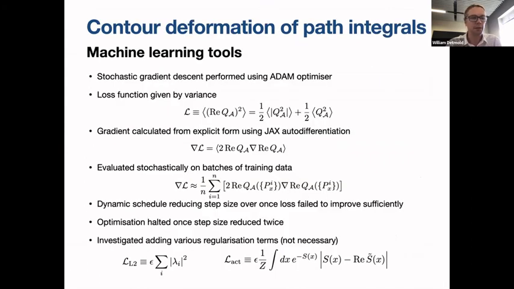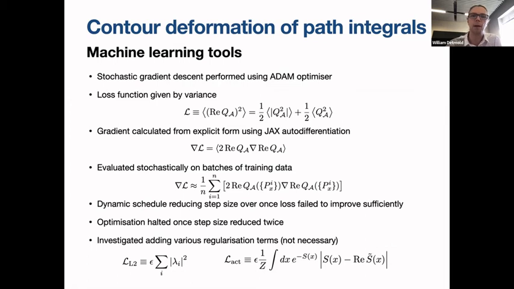So just very briefly to say something about how machine learning entered this. Really, we're just using machine learning tools. Basically, we've done stochastic gradient descent to optimize the parameters. So our loss function was given by the variance. For the gradients, we use JAX to do the auto differentiation to evaluate this quickly.